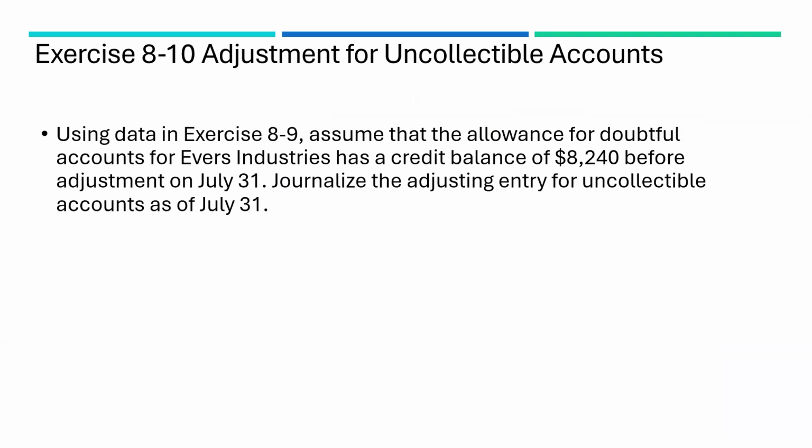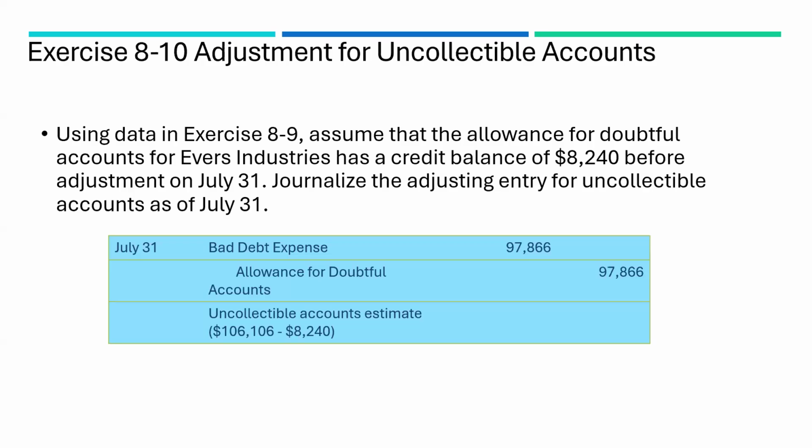Using the data in exercise 8.9, assume that the allowance has a credit balance of 8,200 before the adjustments, and then make the adjustment. So we have our 8,240 as our initial balance. And then our desired balance was 106,106.